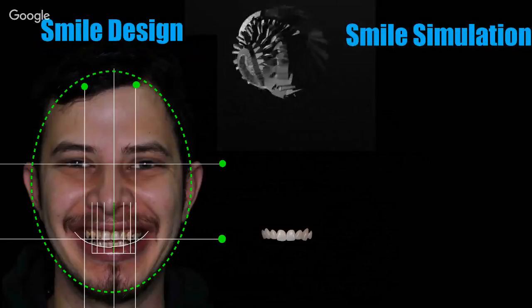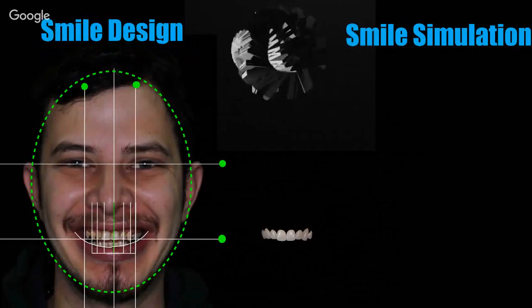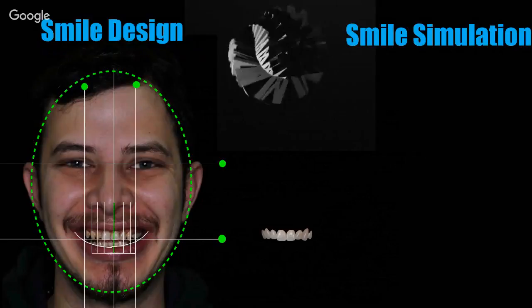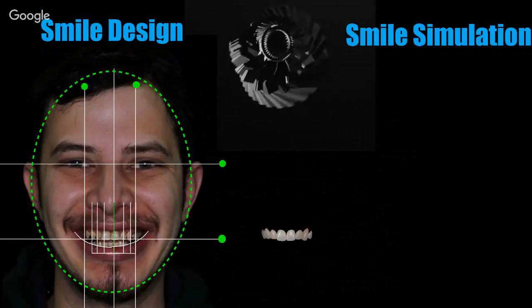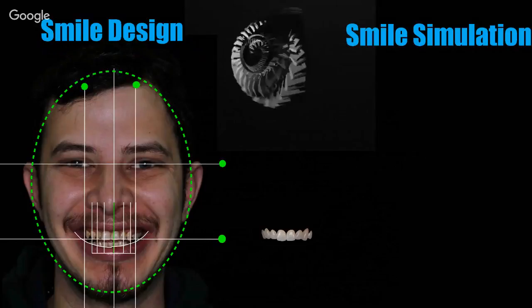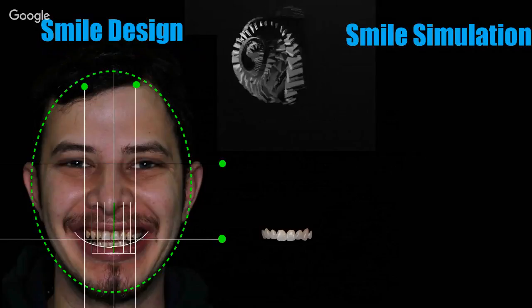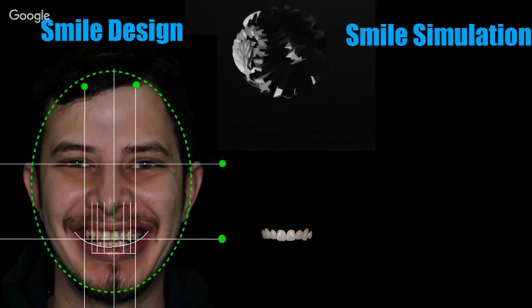But to do that effectively, you are going to have to practice those tools. So regarding the first point, I've said that we need to differentiate between the smile design and smile simulation. Now, a smile design is basically the planning part of your work.